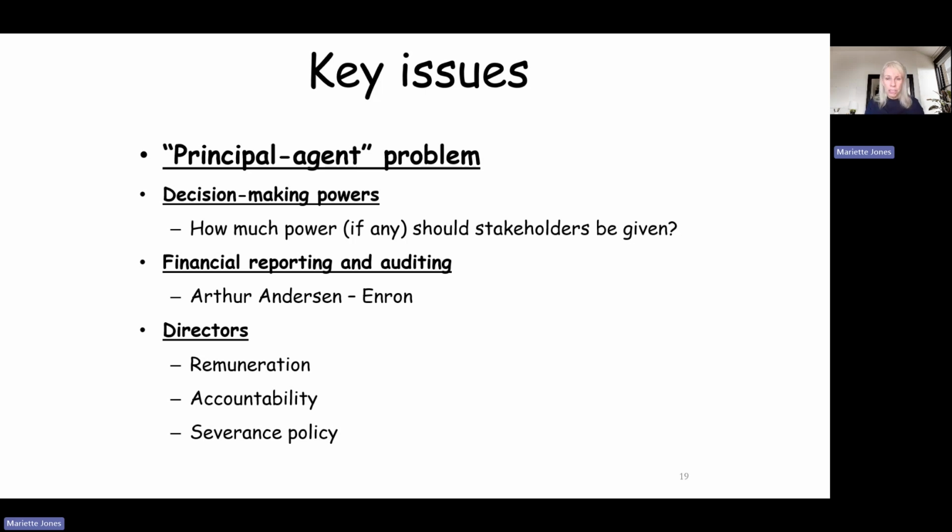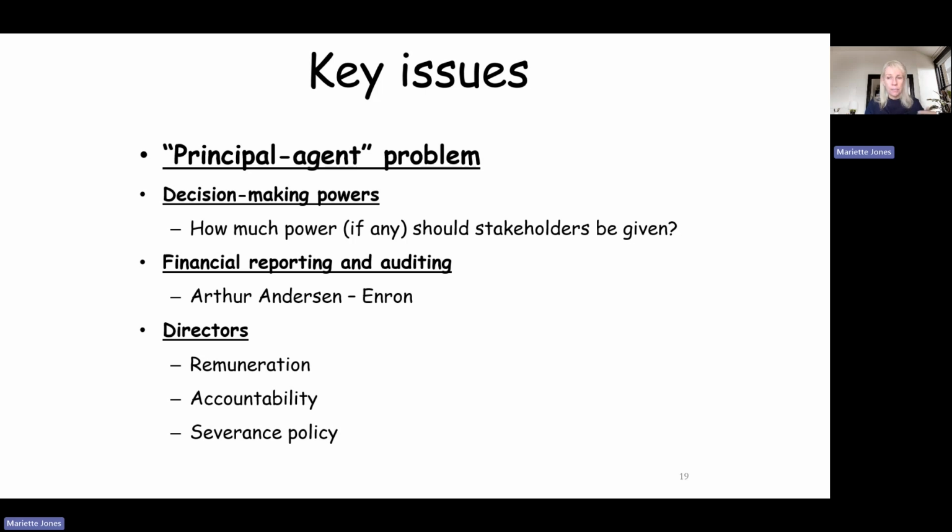Now, since the managers may pursue their own interests, such as higher pay, job security, or short-term performance, rather than what best benefits shareholders, a conflict can develop. Good corporate governance seeks to align incentives and introduce oversight mechanisms to ensure that managers act in the company's and in the shareholders' best interest.